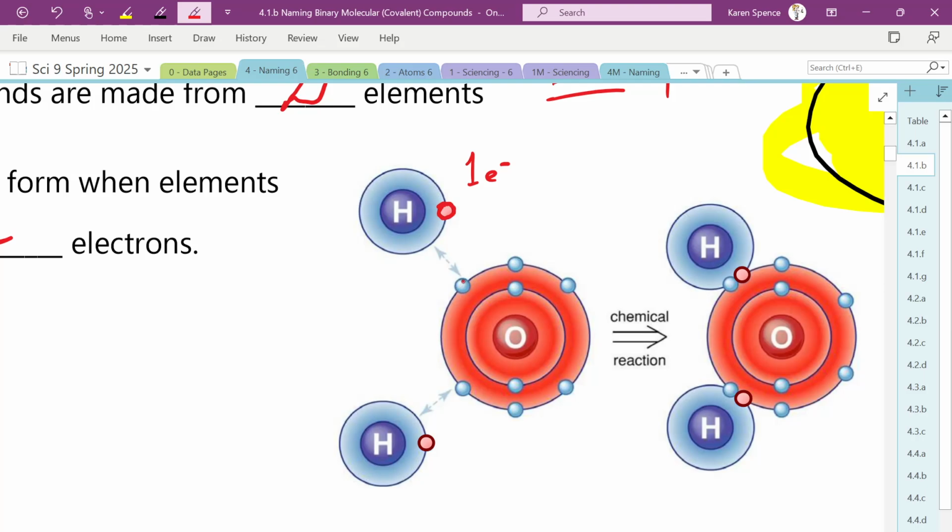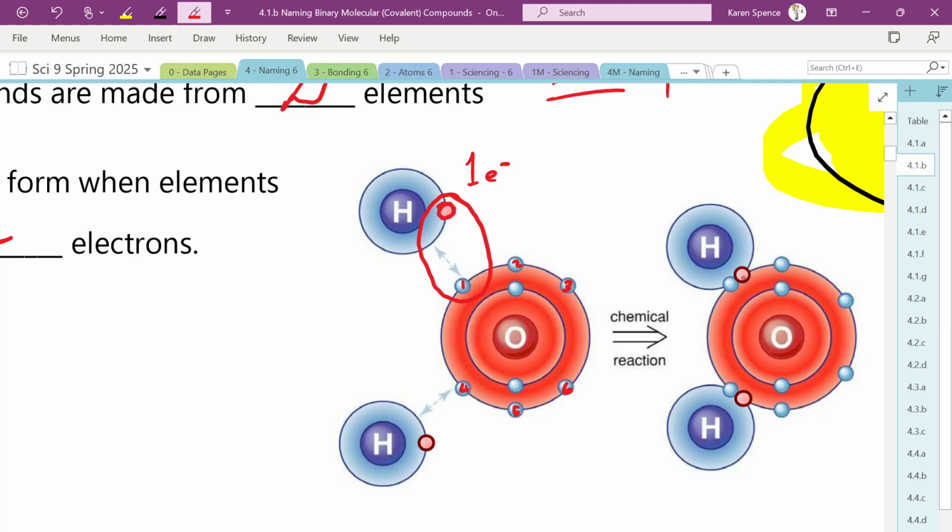Oxygen has 1, 2, 3, 4, 5, 6 valence electrons on its outer shell. How many fills up the second shell? 8. So oxygen has 6, but it wants to have 8. So what happens is that hydrogen and oxygen will share with each other.